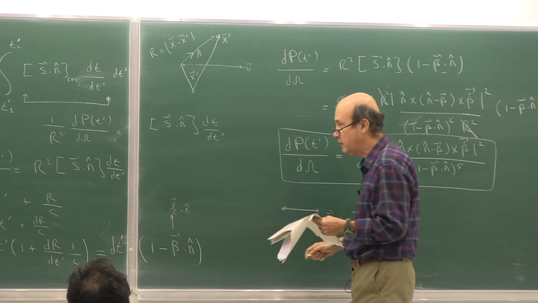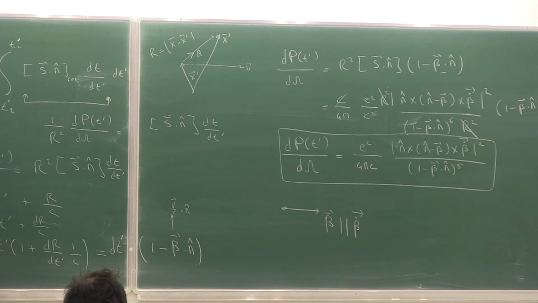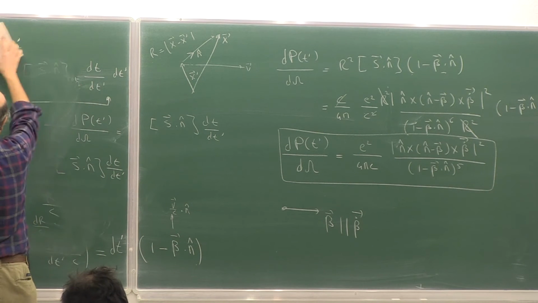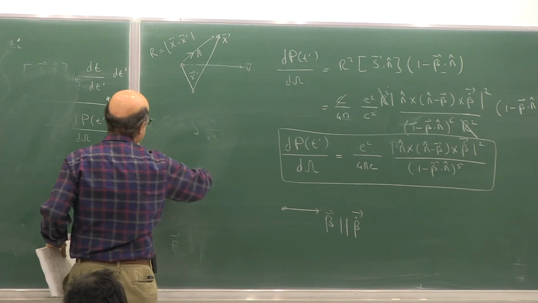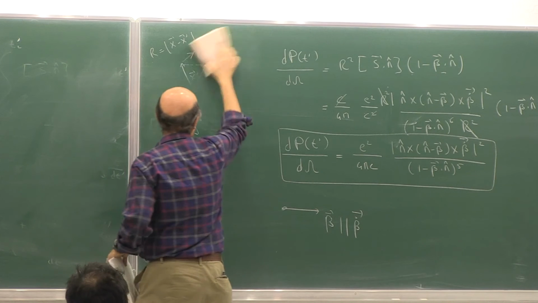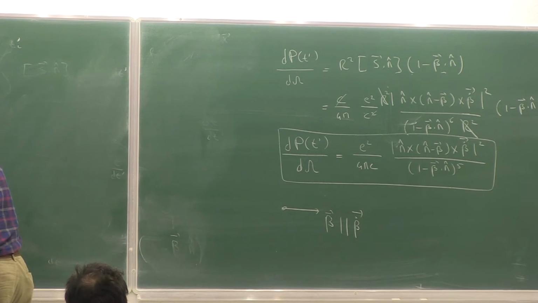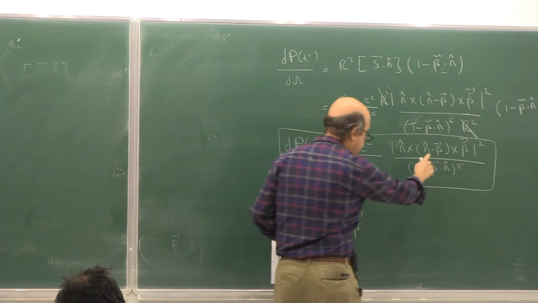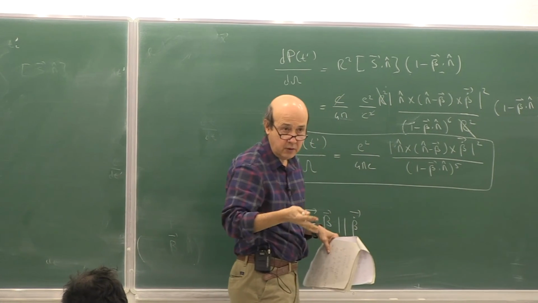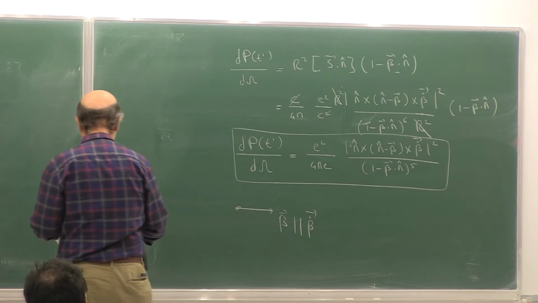So let us first look at what is going on for linear acceleration. When beta and beta dot are parallel, what kind of radiation pattern do we have? Beta cross beta dot will be 0, the other terms will survive, and that is nothing but the following.